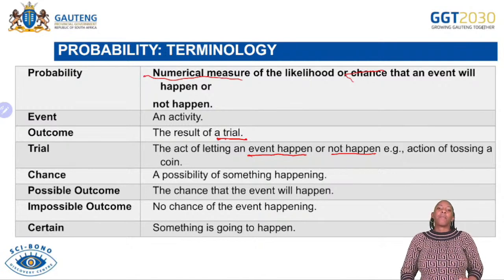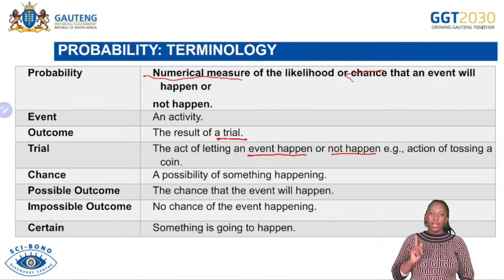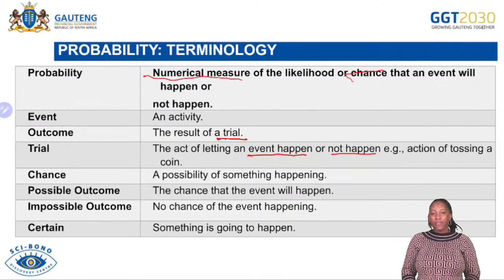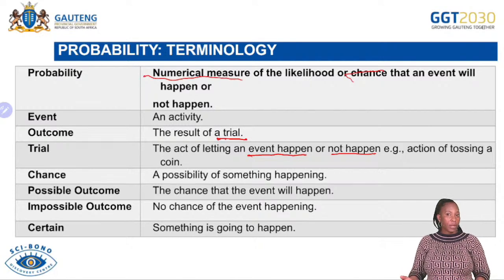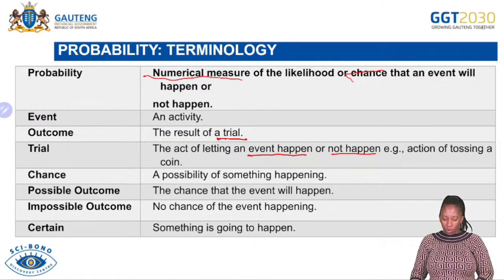But it is impossible for me to get a head and a tail at the same time if I am tossing only one coin. But if I'm tossing two coins, then one coin can flip into head and the other can flip into tail, or they can both be tails, or they can both be heads.